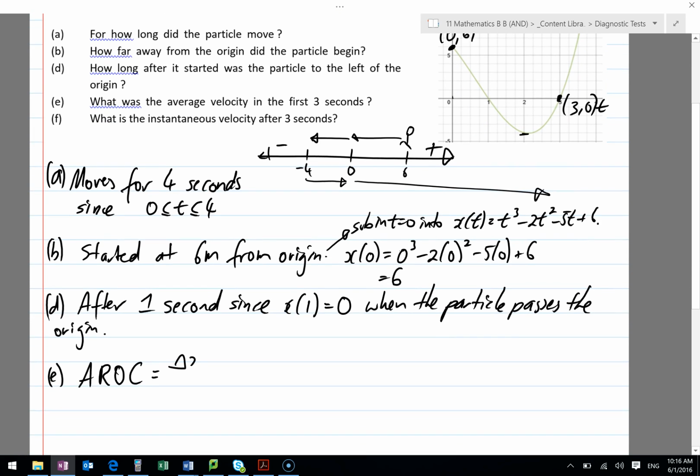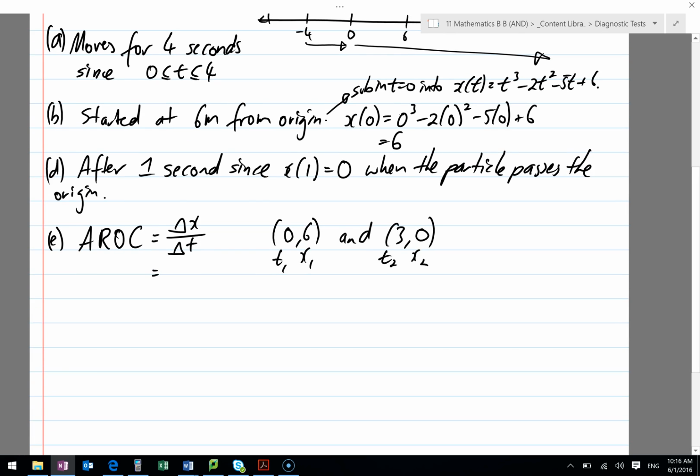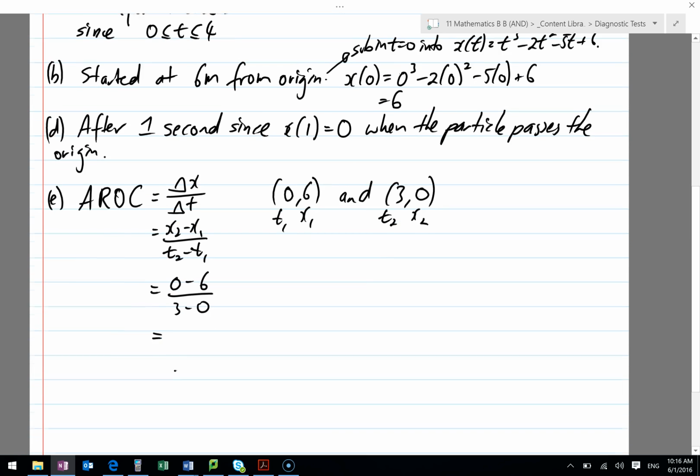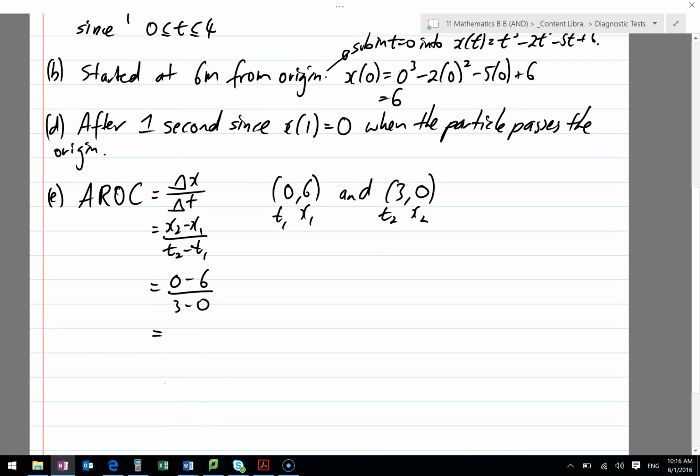So I'm looking for the change in displacement on change in time, given that I've got these 2 points. T1, x1, T2, x2, and find the difference between these. Minus 6 on 3, here I'll get minus 2 meters per second. Here's my average rate of change for the first 3 seconds.